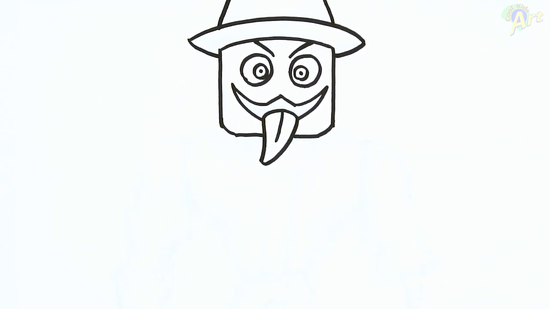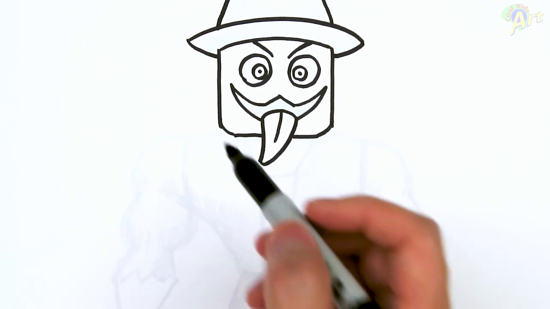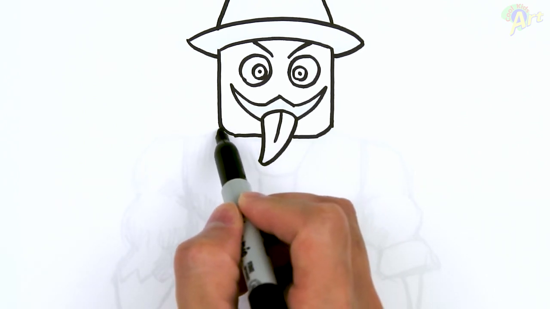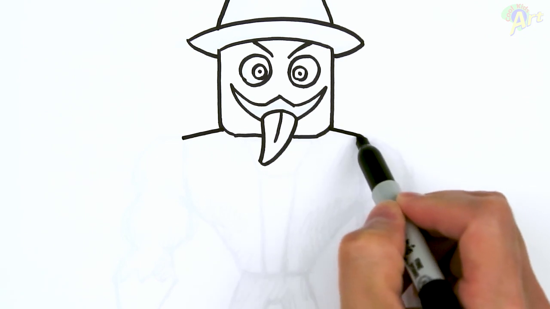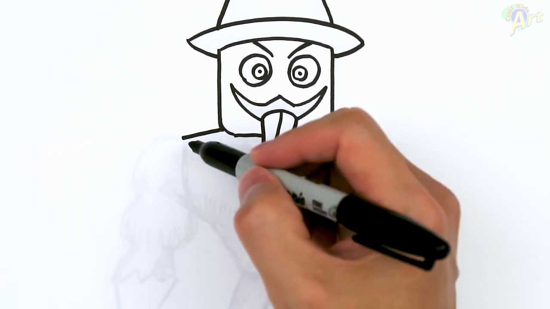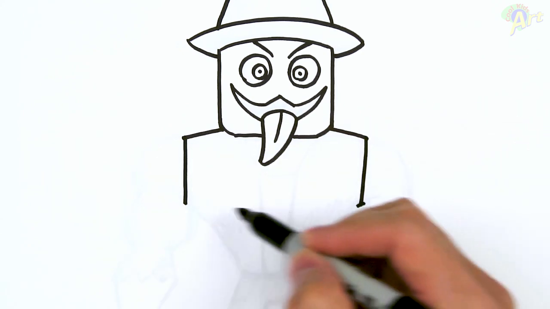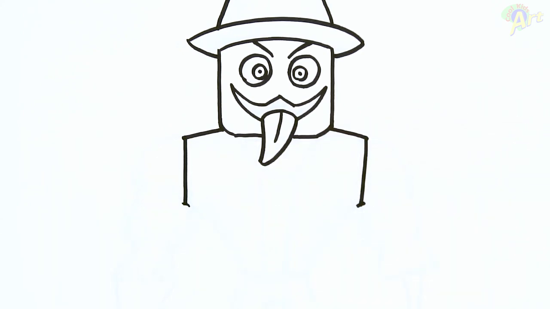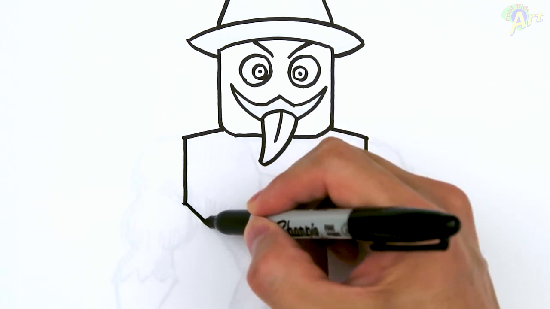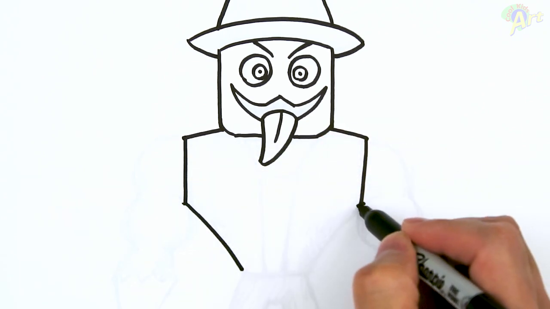Alright, so that's the head, and now let's move on to the body. Again, really wide body. Right here on the head, we'll slant down for his shoulders. Come straight down. This is gonna be to his armpit right here. And then now we're just gonna pinch it in to the waist.